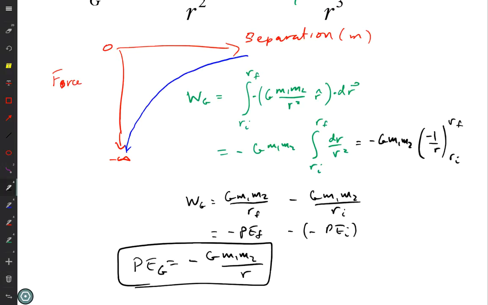And so we've actually passed over the part on planetary orbits. But for planetary orbits, you calculate the total energy. Total energy is kinetic energy plus potential energy.